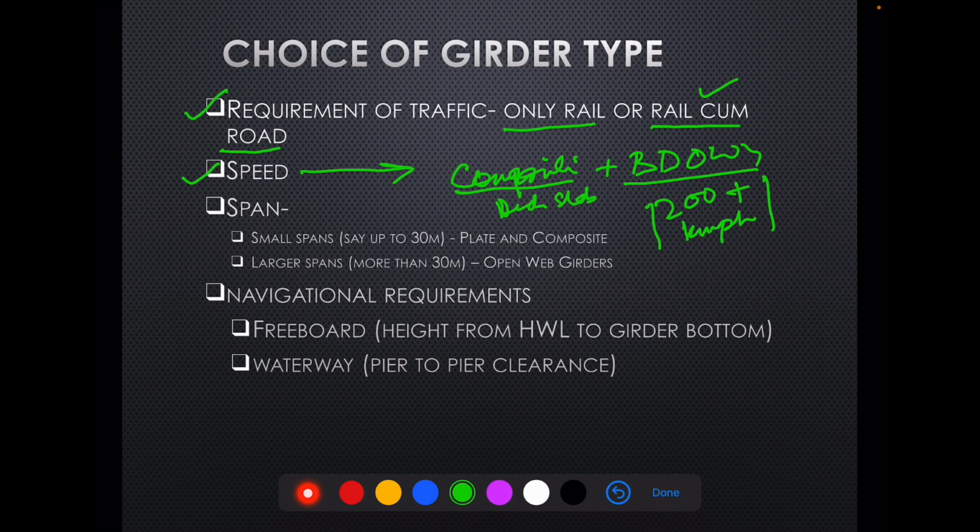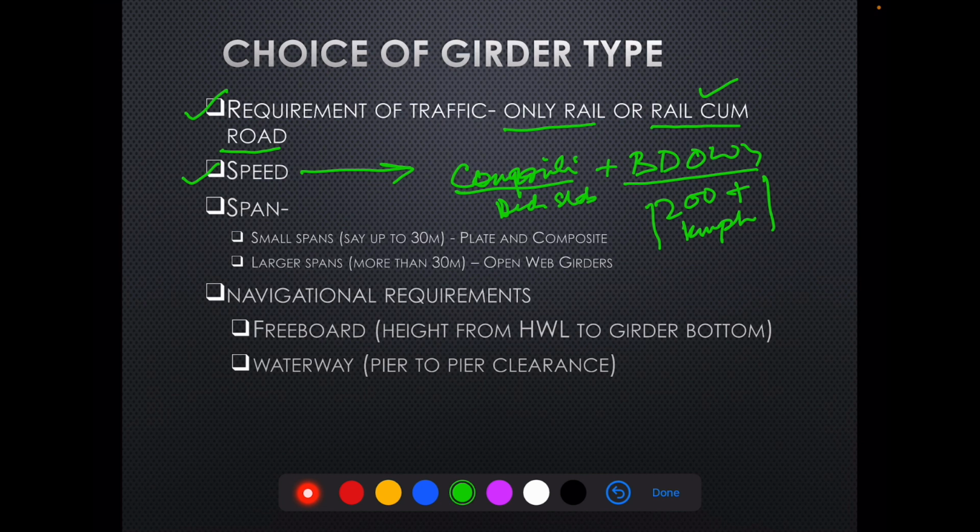These factors come into picture, and we have to follow the stringent limits for designing these bridges. So, as per the study conducted, as I have already explained, the railway girders with deck slabs like composite steel plate girders and ballasted deck open web girders are mostly suitable for higher speeds. So definitely our choice is governed by the speed for which we want to design our bridges.